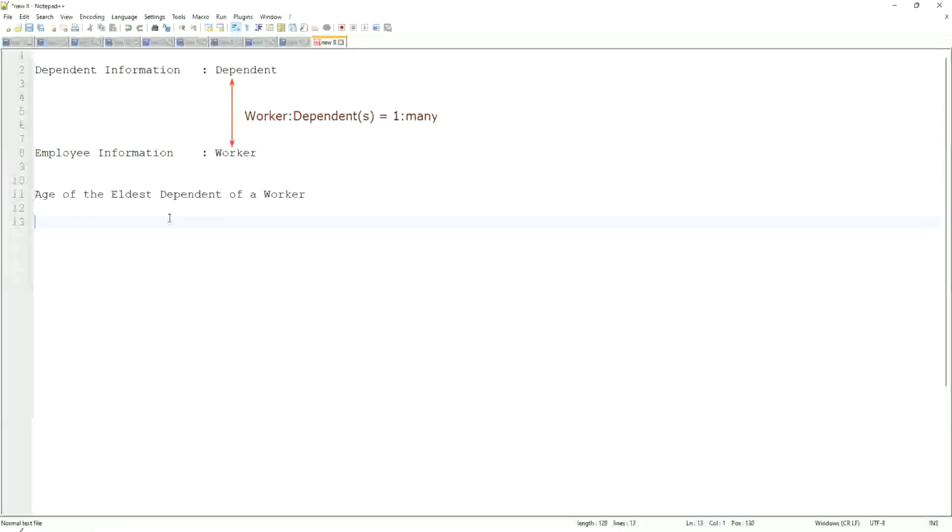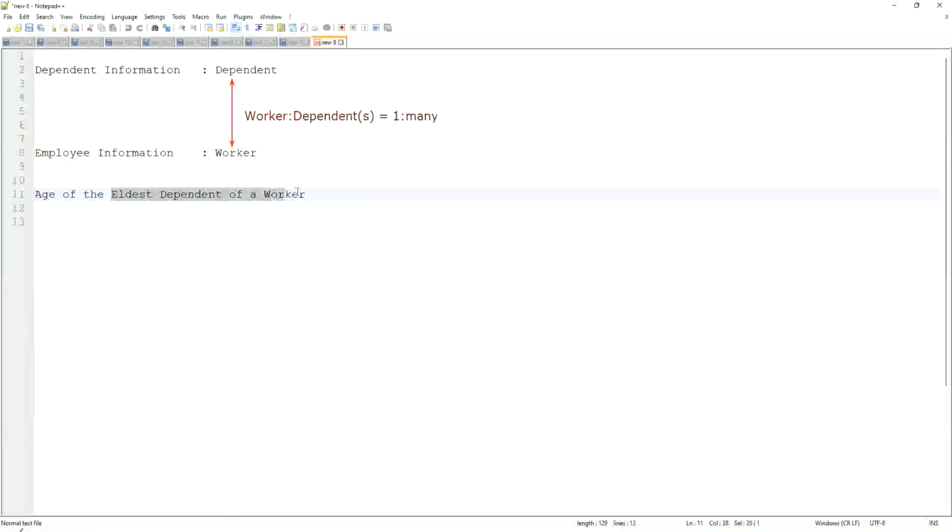First, we have to find out who is the eldest dependent. Then we find out what is the age of that eldest dependent. We break it down into smaller pieces.